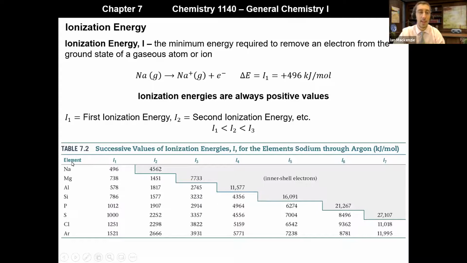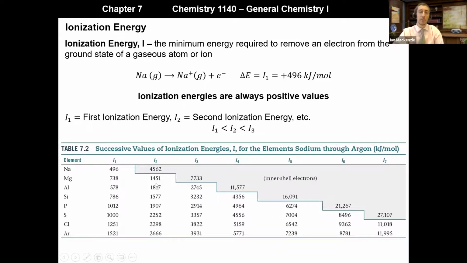If I look in this table, at the left we have a number of different elements, sodium down to argon, and then across the top we have various ionization energies, I1 all the way through I7, where each of these is removing a subsequent electron. So I1 is just removing the first electron, I5 is removing the fifth electron, I7 is removing the seventh electron.